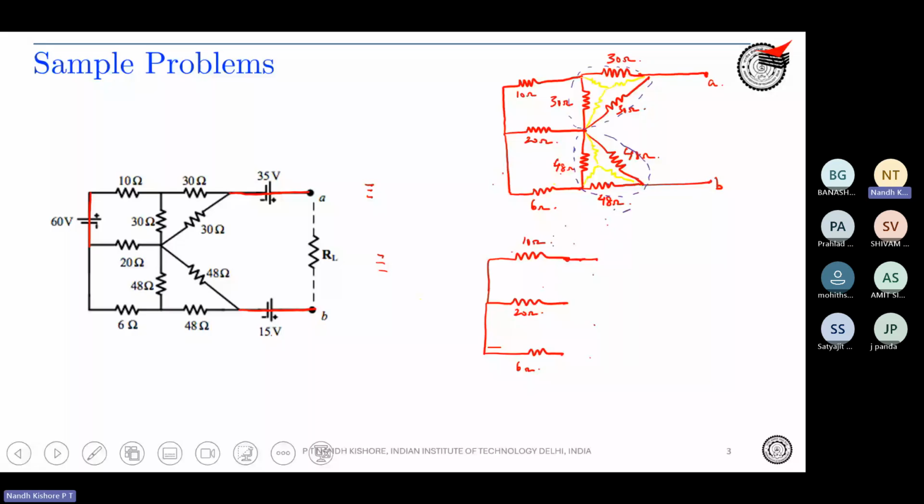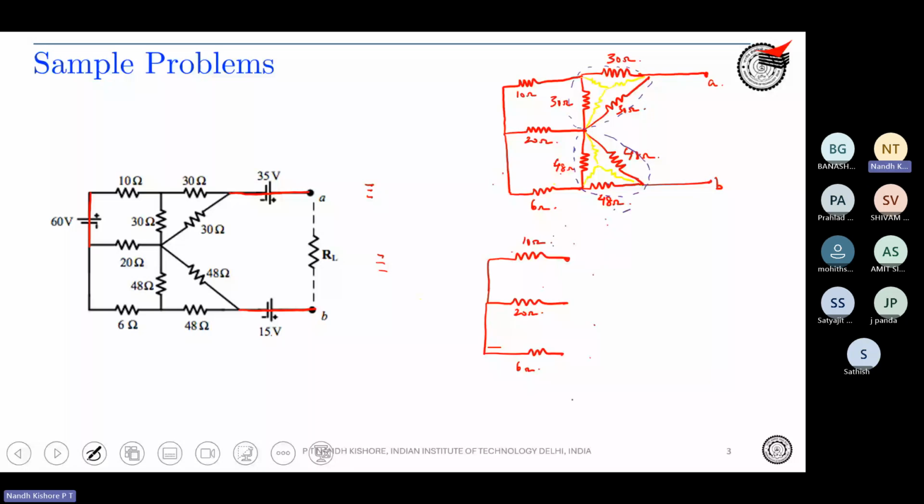Let me just erase this. Yeah. So then what I have is something like this resistor, and then there is one more resistor over here, and then there is this resistor. And similarly over here as well.